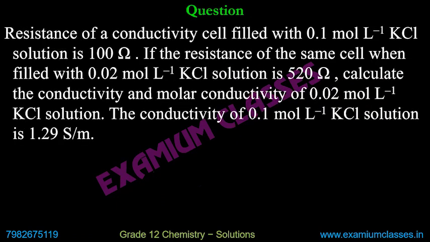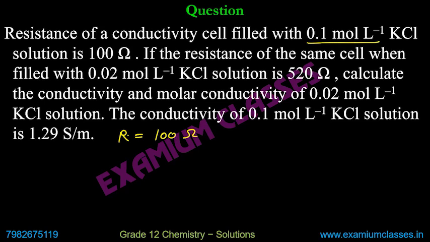Now the question, and it will check your knowledge whether you have got it or not. Resistance of a conductivity cell filled with 0.1 mole per liter KCl solution is 100 ohm. R1 is given, 100 ohm, for 0.1 mole per liter.